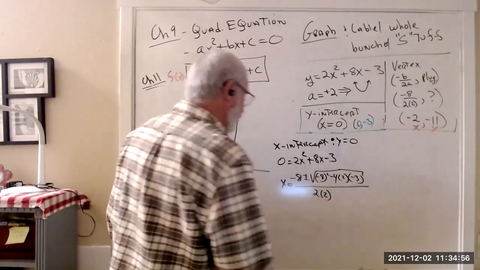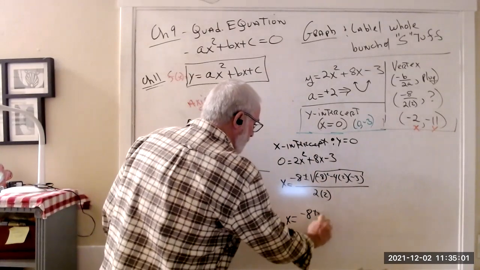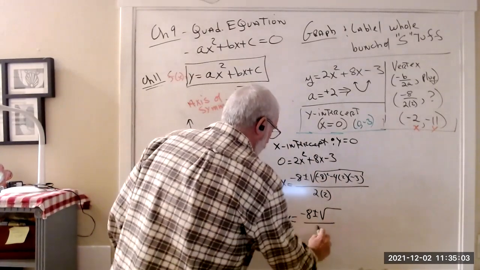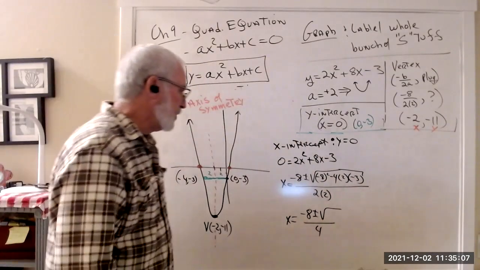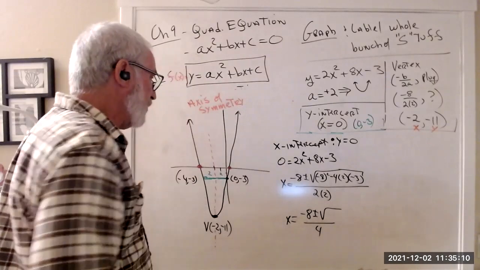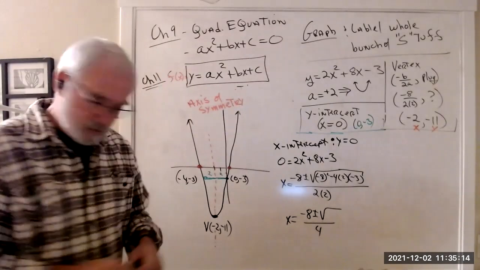So x equals -8 plus or minus something all over 4. What's the something? 64 plus 24.